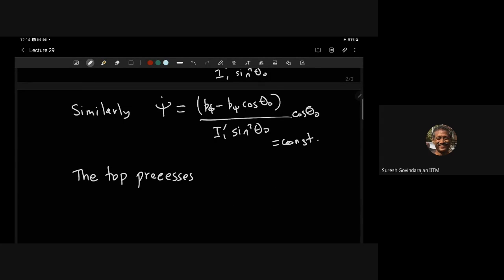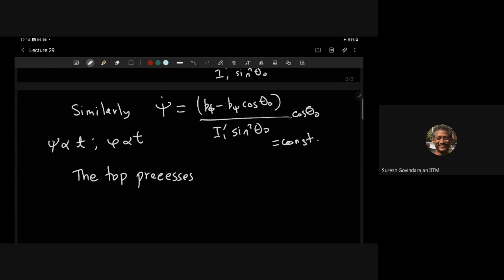because phi dot and psi dot are constants, and so that implies psi is just some constant times t. Okay, so psi is proportional to t, and phi is also proportional.